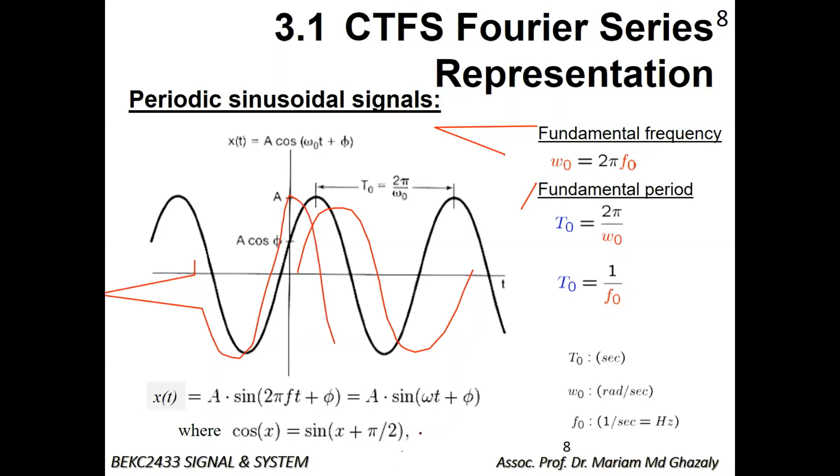So you see here that the original signal is sine 2 pi ft. If we have the phase shift here, then you have x plus pi over 2, which means it is being shifted by pi over 2. So how to calculate the fundamental frequency is this equation, and how to calculate the fundamental period is this equation. T naught will be in second, omega will be radian per second, and frequency will be 1 over second, which is hertz.